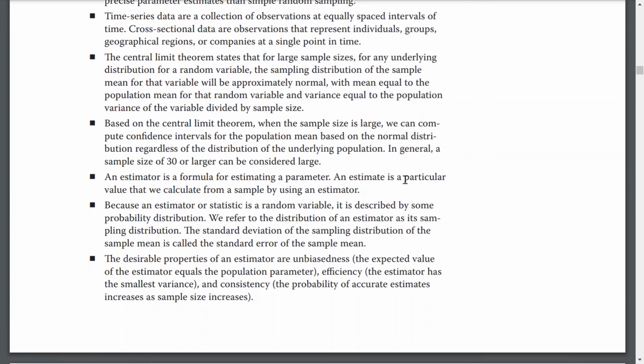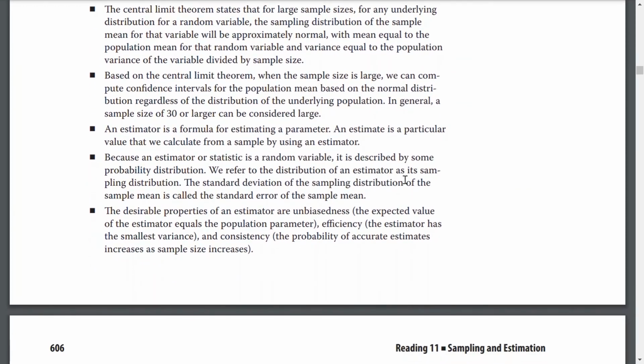The central limit theorem states that for a large sample size, for any underlying distribution for a random variable, the sampling distribution of the sample mean of the variable will be approximately normal, with mean equal to the population mean for the random variable, and variance equal to the population variance divided by the sample size.